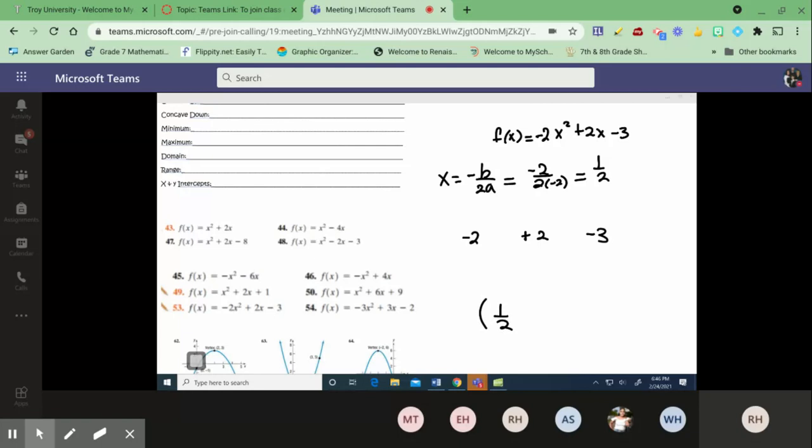Then I have negative 2 times 1/2 squared plus 2 times 1/2 minus 3. So now I have negative 2 times 1/4 plus 1 minus 3.